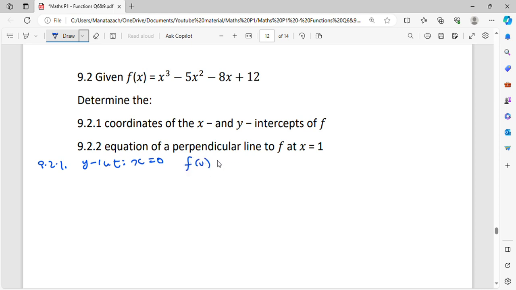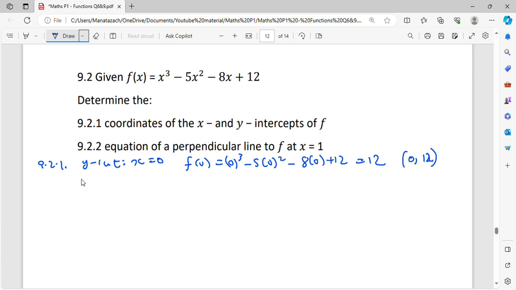So f of 0, we just replace everything where there is x by 0. So the answer here will be 12. So the y-intercept is (0, 12). That's the point on the y-axis.